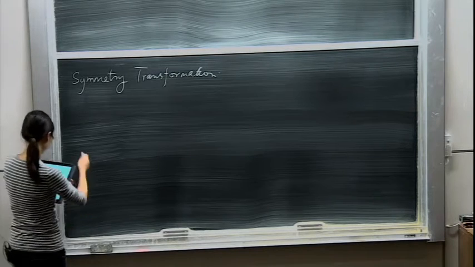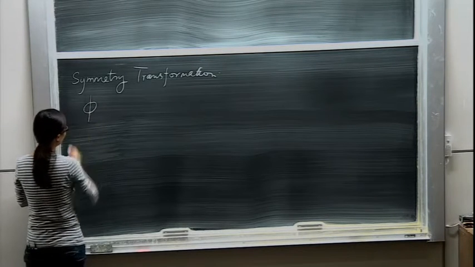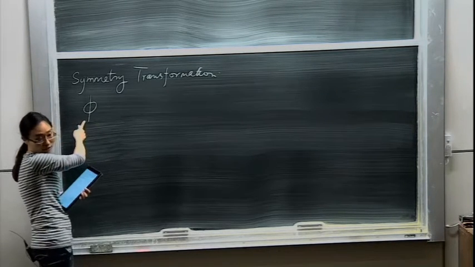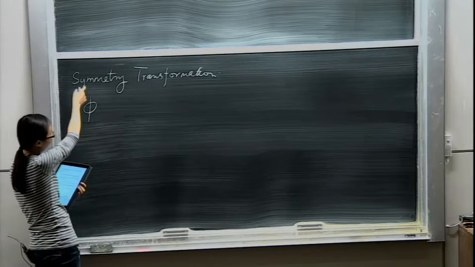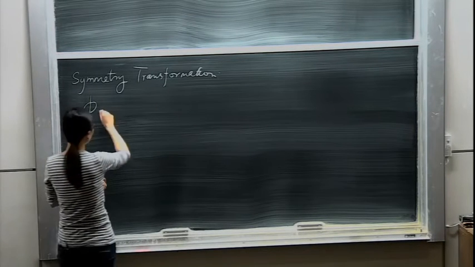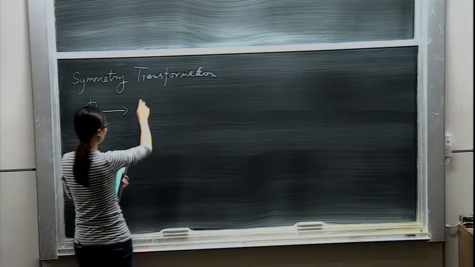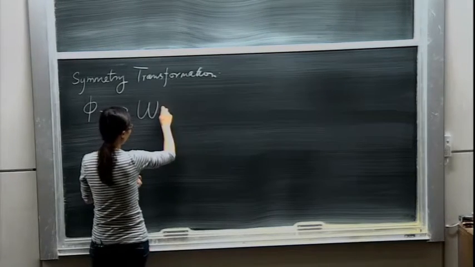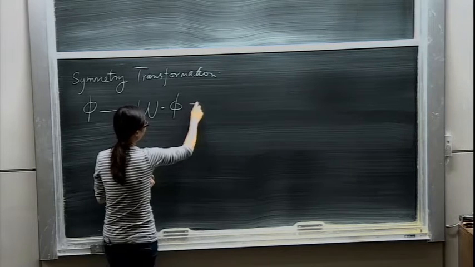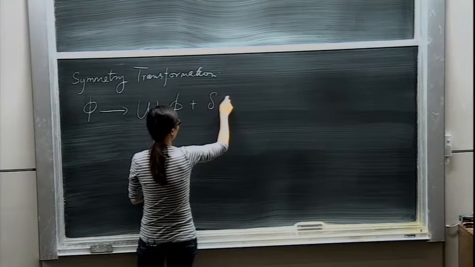And it goes like this. So this is a vector of boson fields. There's a p component vector, and it goes to W times phi plus delta phi.